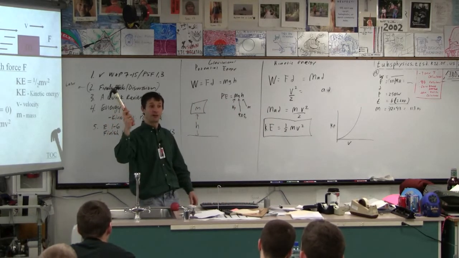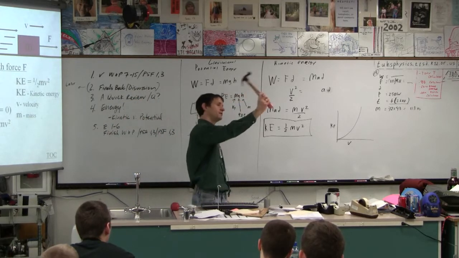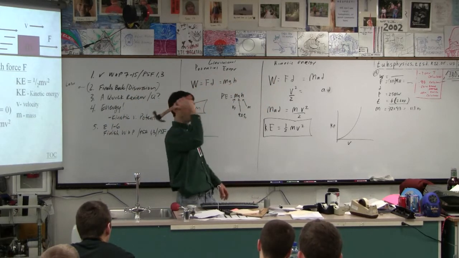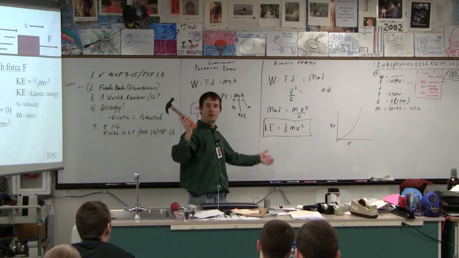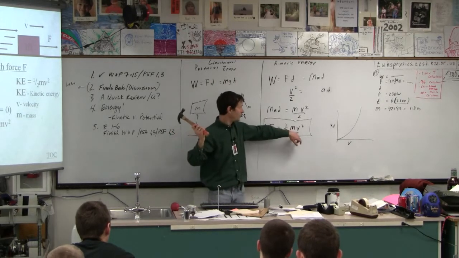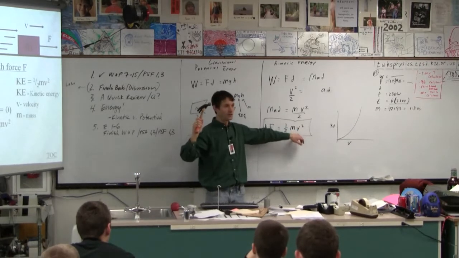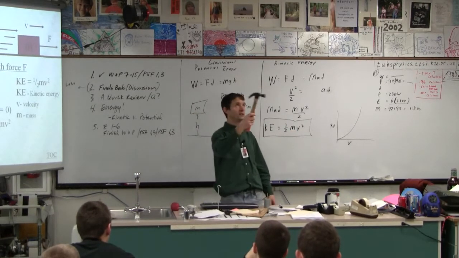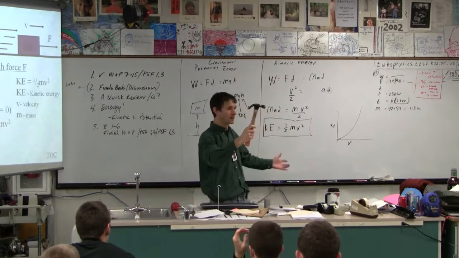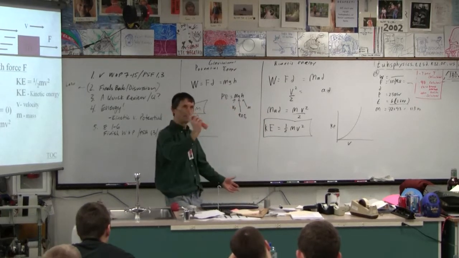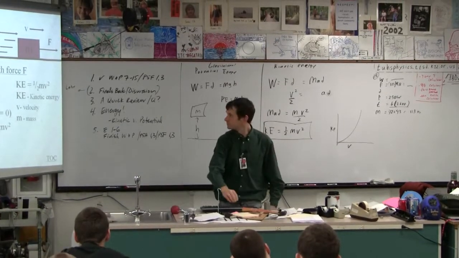It's going faster, but did I double the velocity if I double the energy? Well, no, because if I double the velocity, you square something that's doubled, you get 4 times the energy. So if I double the energy, the velocity increases by the square root of 2, which is a number bigger than 1.